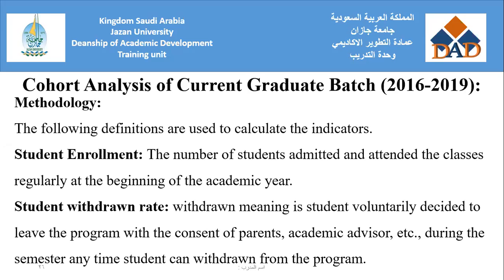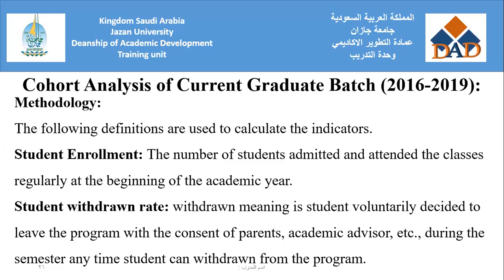The following definitions we use to calculate the previous indicators. First one, student enrollment. It means the number of students admitted and attending the classes regularly at the beginning of the academic year. Student withdrawn rate: withdrawn means the student voluntarily decided to leave the program with the consent of parents, academic advisors, etc. during the semester.